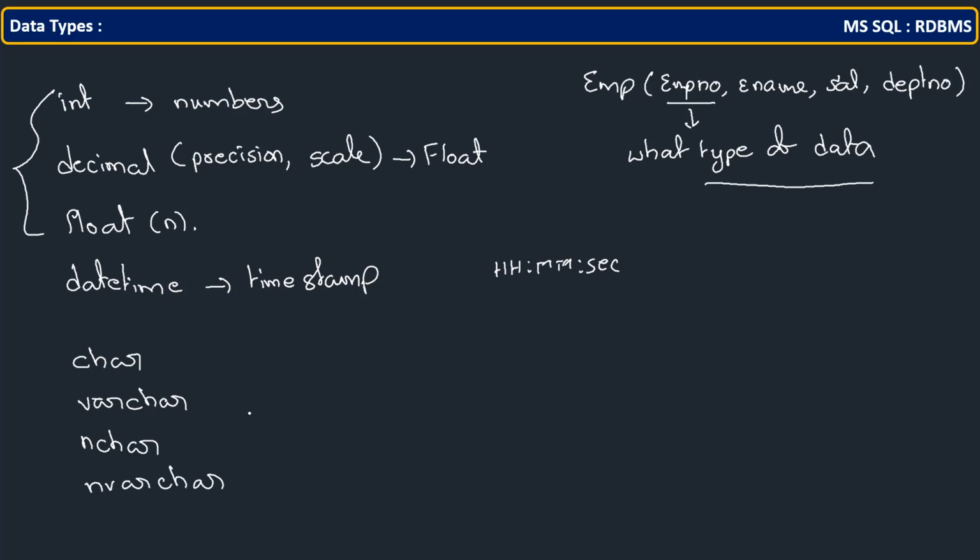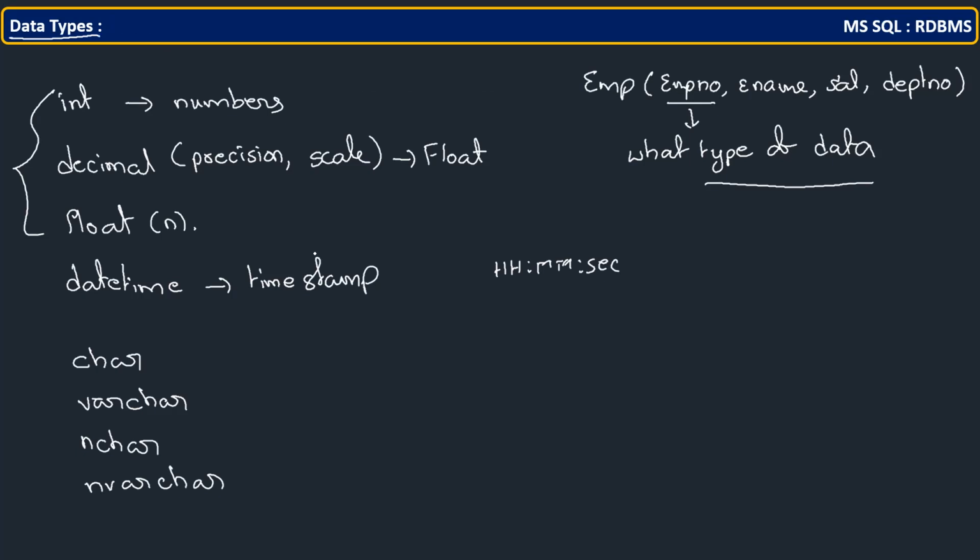We have many other data types too, which we can refer to based on the requirement. Now, hope the meaning of data type is clear first of all. Before moving on, let us discuss another thing.